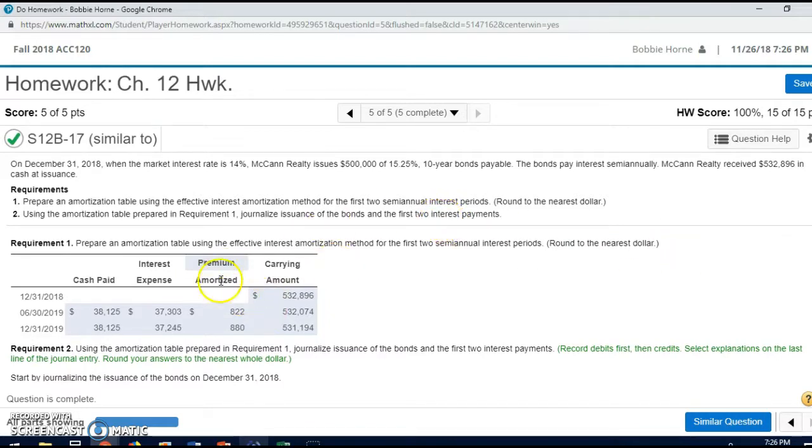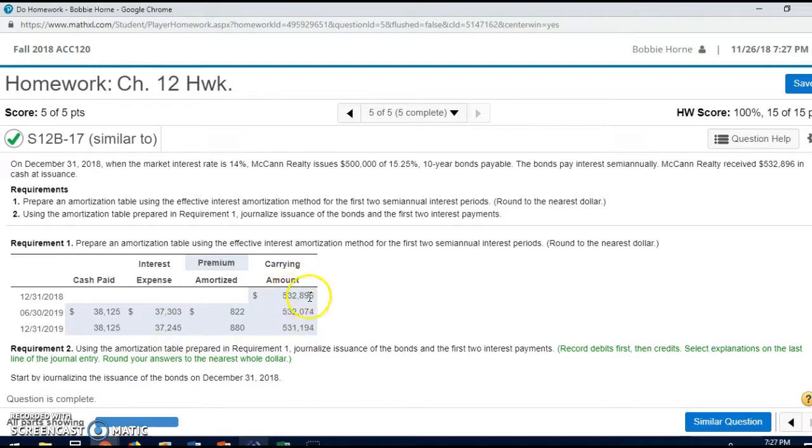So to review one more time, with this one, to calculate the cash paid, you're going to calculate it just like we did on the other problems. You're going to take the $500,000 times the coupon rate of the bond times the semi-annual, which is 6 out of 12. And so this number, you always credit cash for that amount. But for interest expense, it's different here.